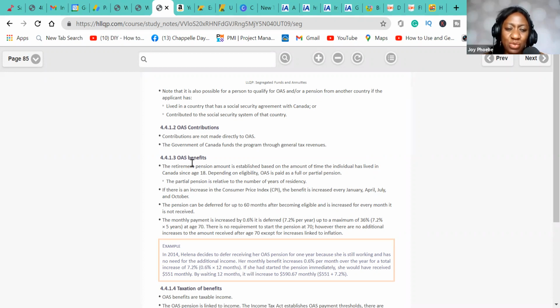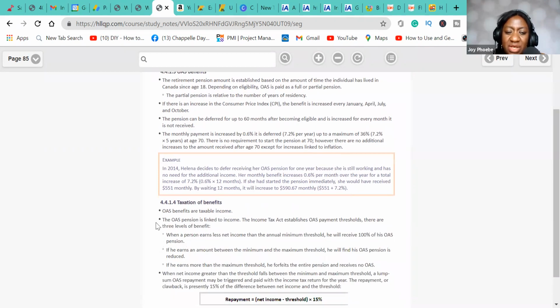yeah, the old age security benefit is the retirement pension amount, and that is established by the amount of time that someone has lived in Canada since they turned 18. If there is an increase in the consumer price index, CPI, then the benefit increases every January, April, July and October. Okay.